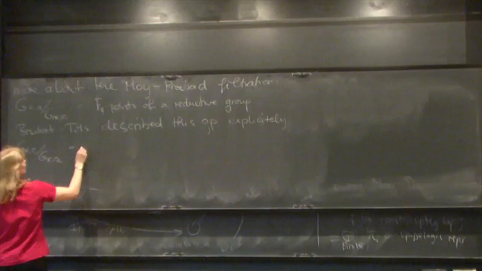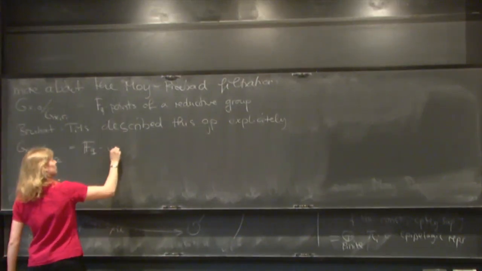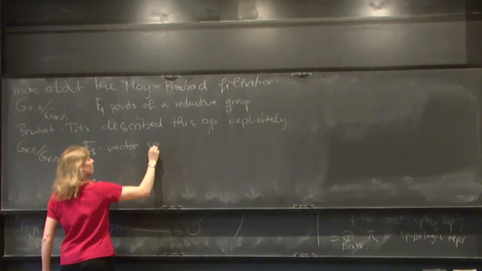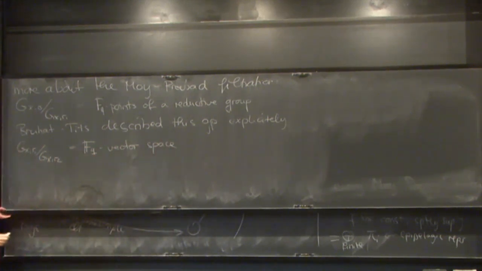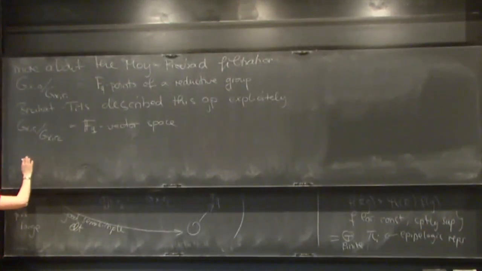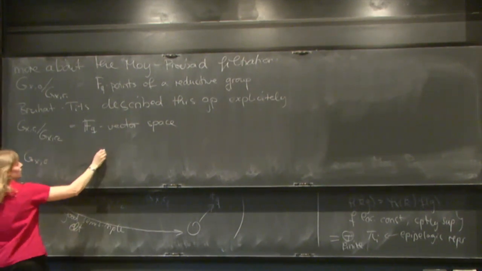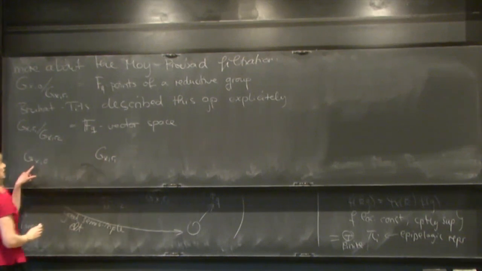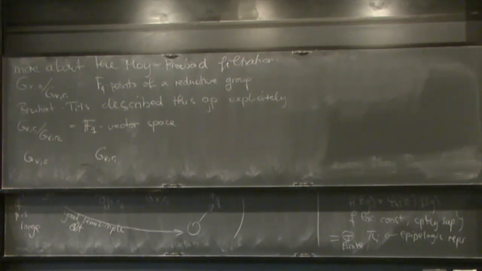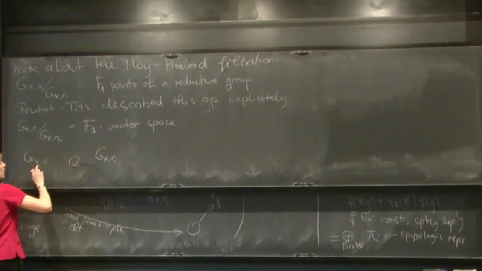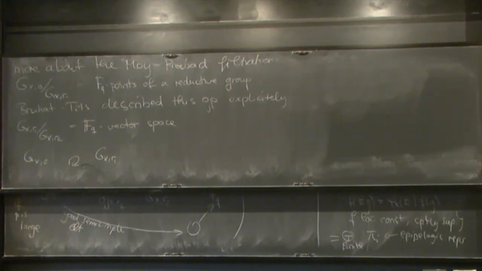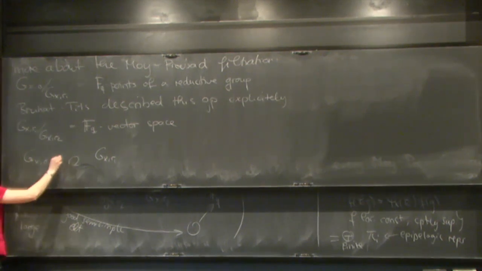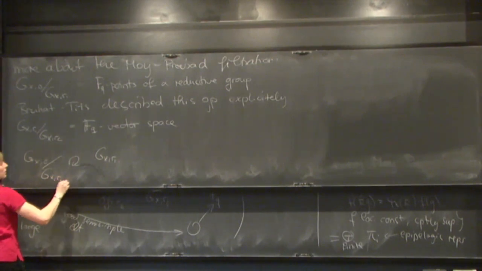And so this is always an F_q vector space. And since Pierre Deligne pointed out that these are normal subgroups, we have G_x,r_1 sitting inside G_x,0 as a normal subgroup, so we can act on it via conjugation and preserve this subgroup. And this action descends to an action on the quotients.